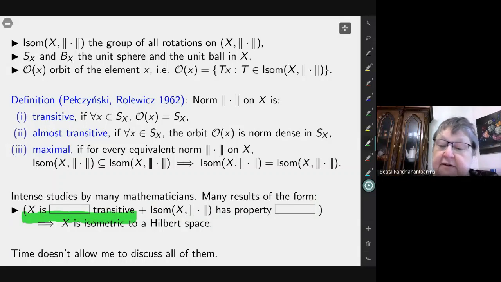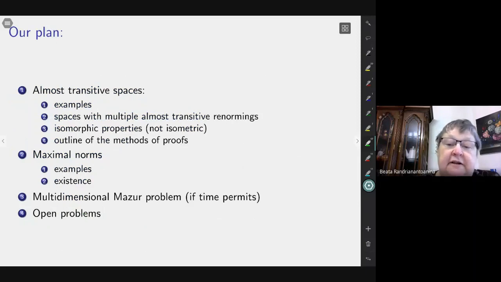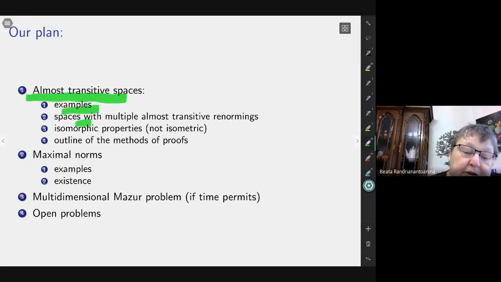As I said, there is a significant literature on such statements, and there are many surveys. I won't be able to mention all the results. It's too many for a one-hour talk. So the plan for our talk is to talk about almost transitive spaces. We will mention some examples, including examples that have multiple renormings, and we will outline some of the methods of proofs.